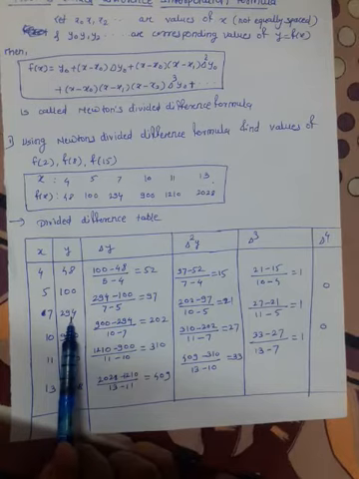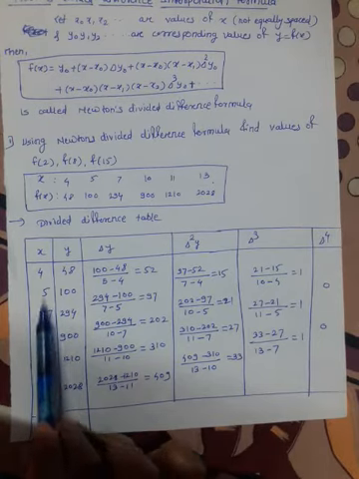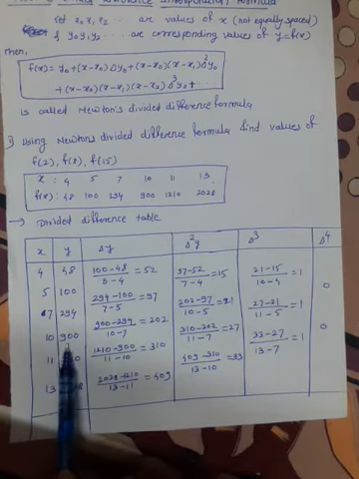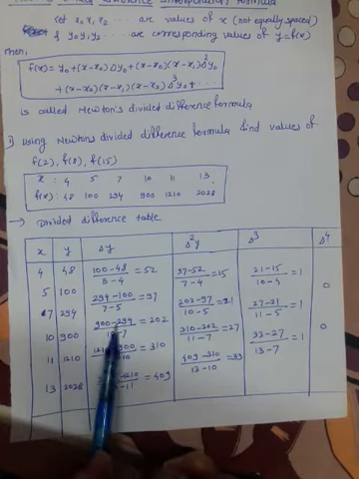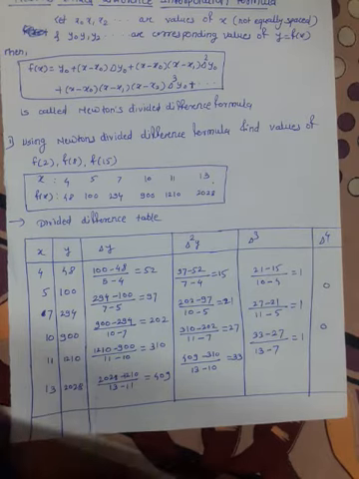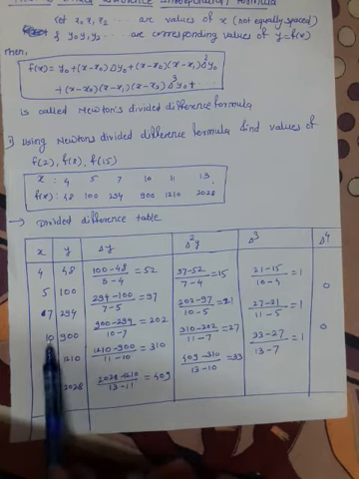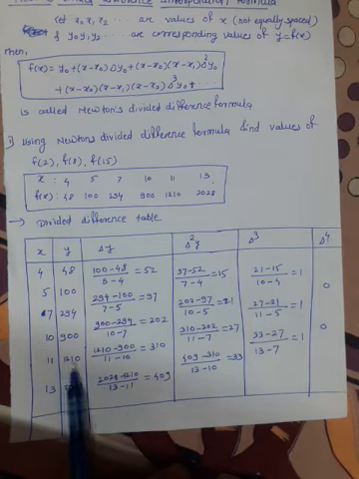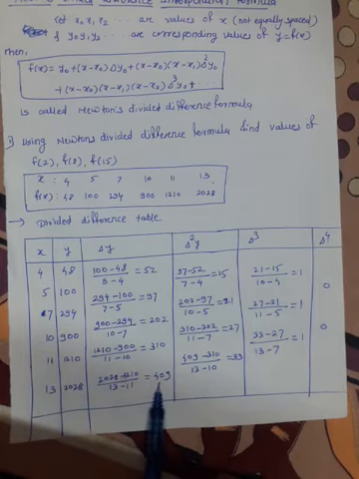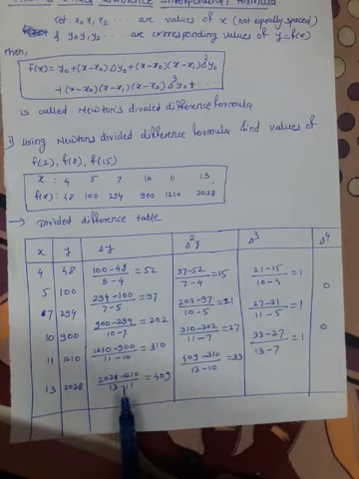Second term, 294 minus 100 divided by 7 minus 5. Third, 900 minus 294 divided by 10 minus 7. This one, 1210 minus 900 divided by 11 minus 10. Last, 2028 minus 1210 divided by 13 minus 11 is equal to 409. This is called the first del.